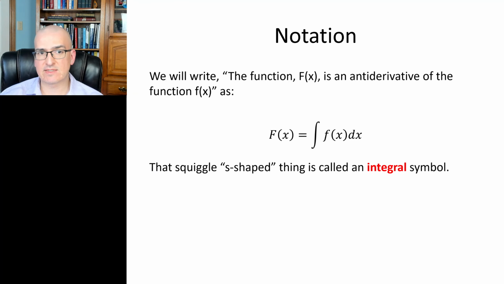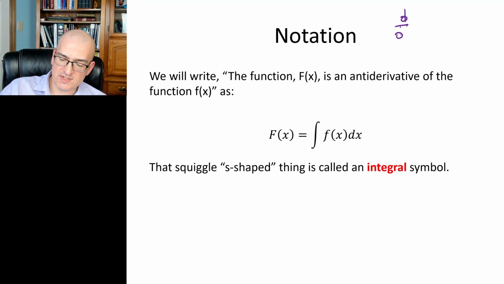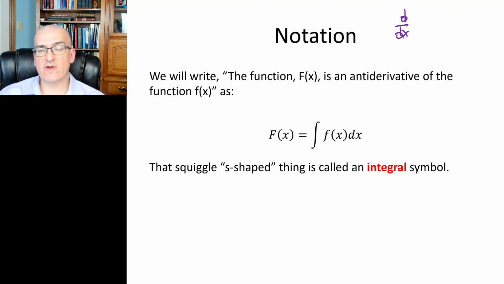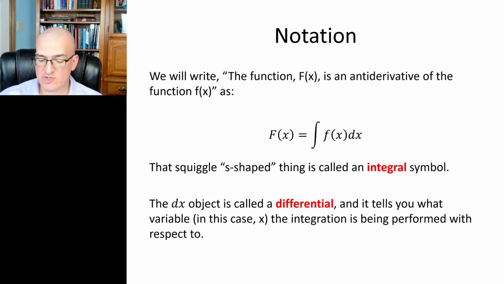That's the function that we're doing something to. The something that we're doing is the squiggly S. That's telling us we're going to take the antiderivative of it. The dx there is the same dx that appears in the derivative operation d by dx. And the derivative operation d by dx, the dx tells us that we're taking the derivative with respect to the x variable. So here the dx is just saying we're taking the antiderivative with respect to the x variable.